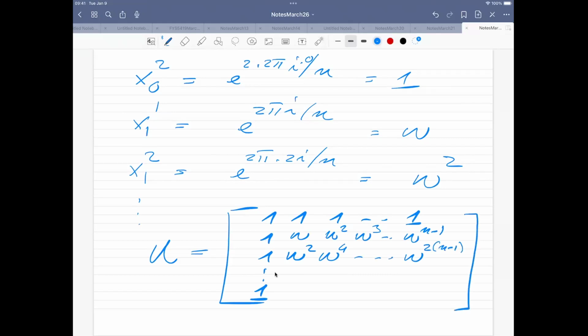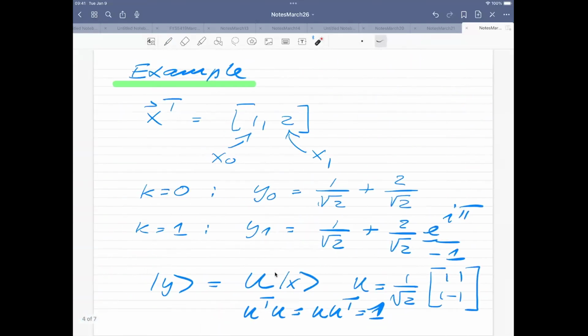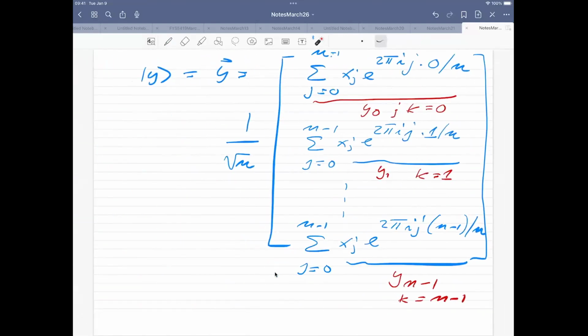So this is a transformation I would get if I write my discrete Fourier transform in terms of a matrix, a la Vandermonde matrix. If I just plug in these different terms here, they correspond to the terms we would have in the Fourier transform.